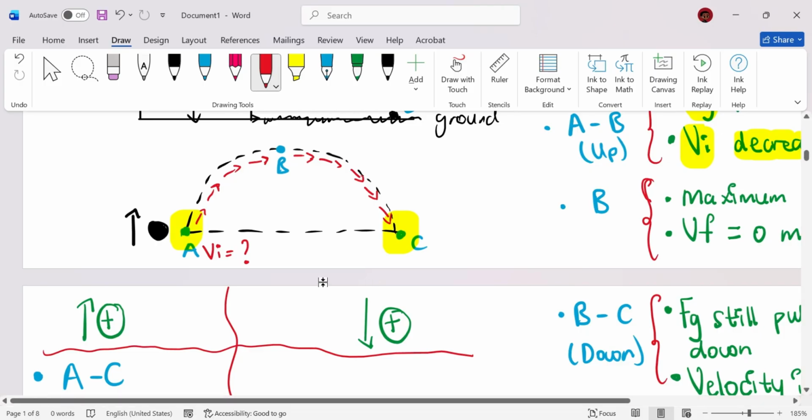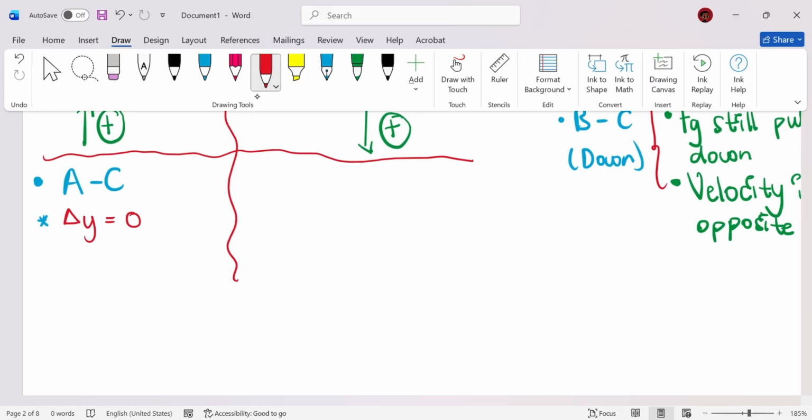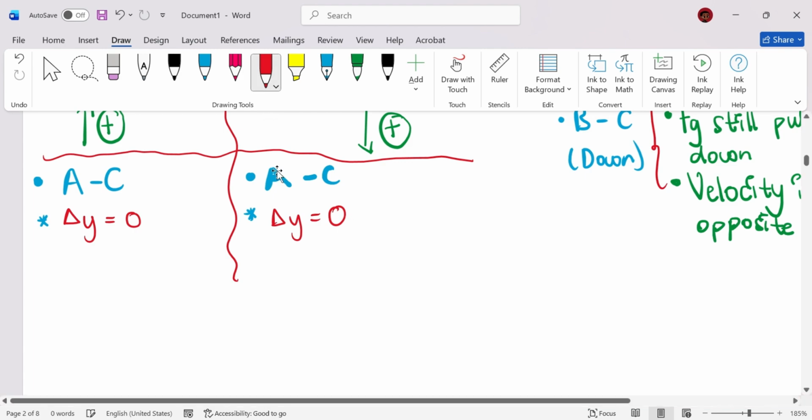So when we have the ball at the same height, our displacement is 0. Once again, if I choose downwards as positive, the same thing applies. If I go from A to C, my displacement is once again going to be equal to 0, right?